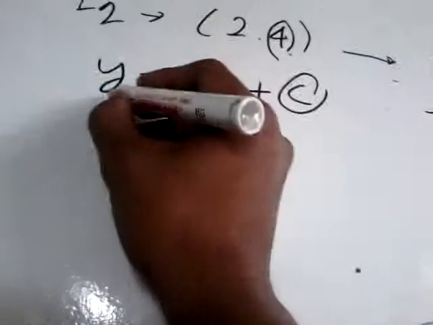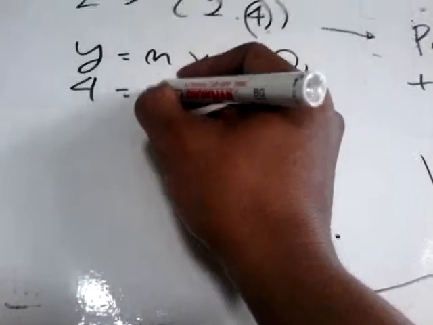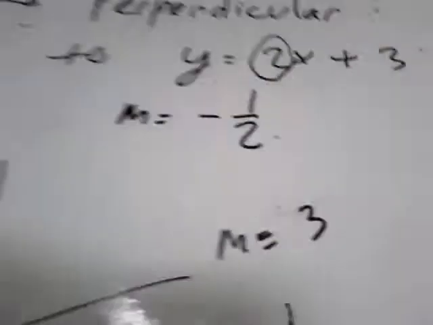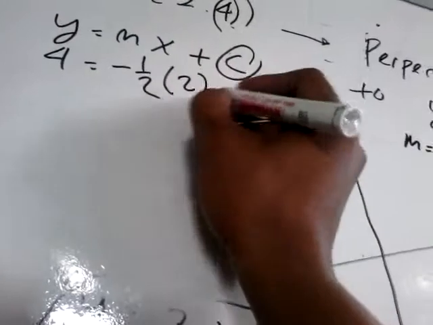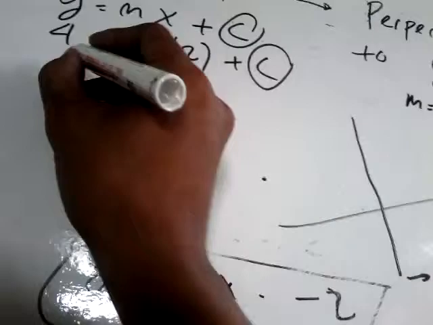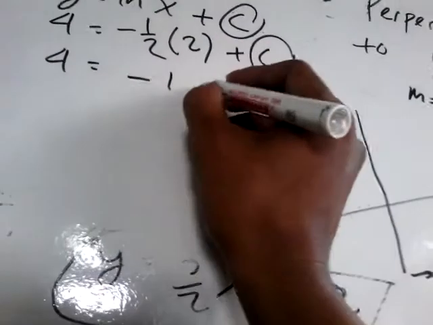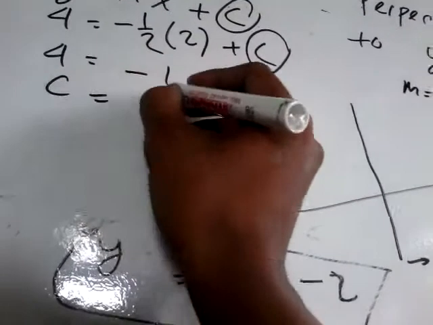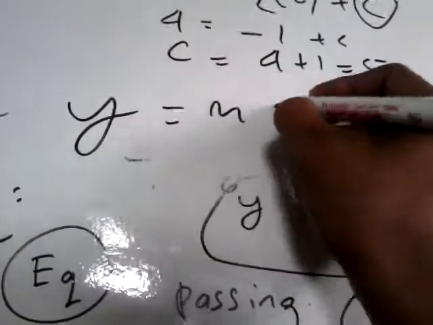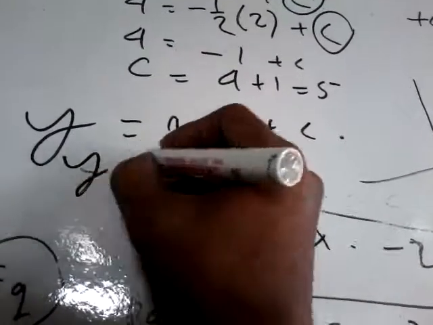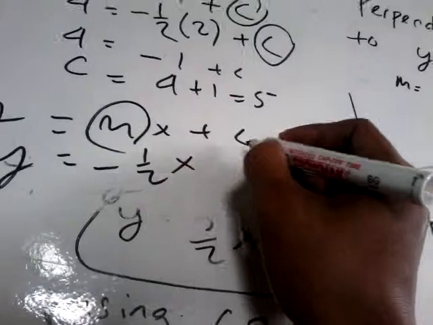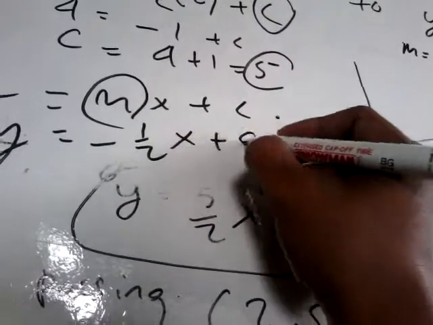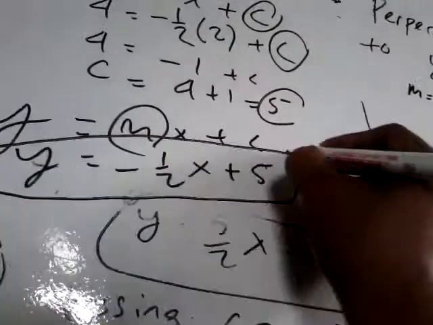Put y as 4, the gradient is minus 1 out of 2, x is 2, plus c. 4 equals minus 1 plus c. So c equals 4 plus 1 equals 5. So the equation will be y equals mx plus c, m is minus half of x, the c is 5. So this is the answer.